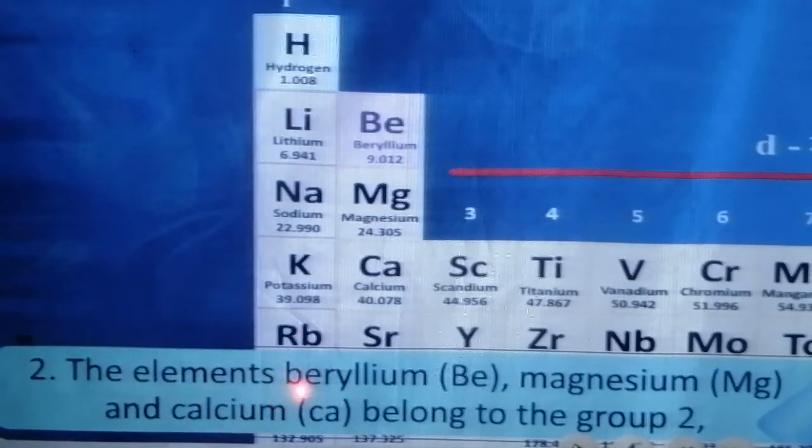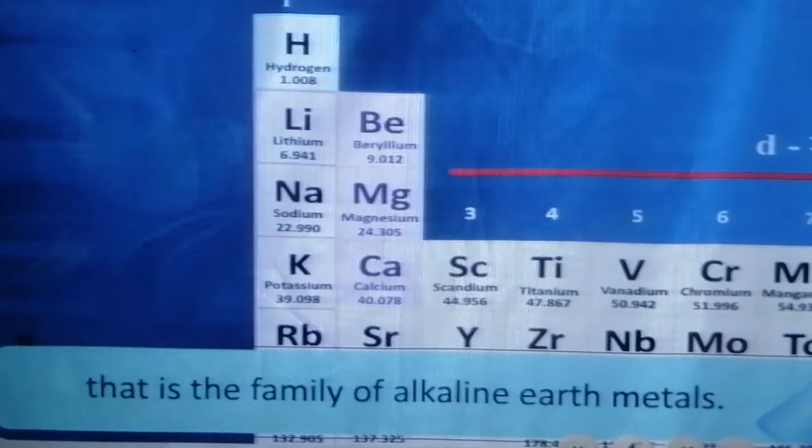The elements beryllium, magnesium and calcium belong to group 2. The valency of these is 2. That is the family of alkaline earth metals.